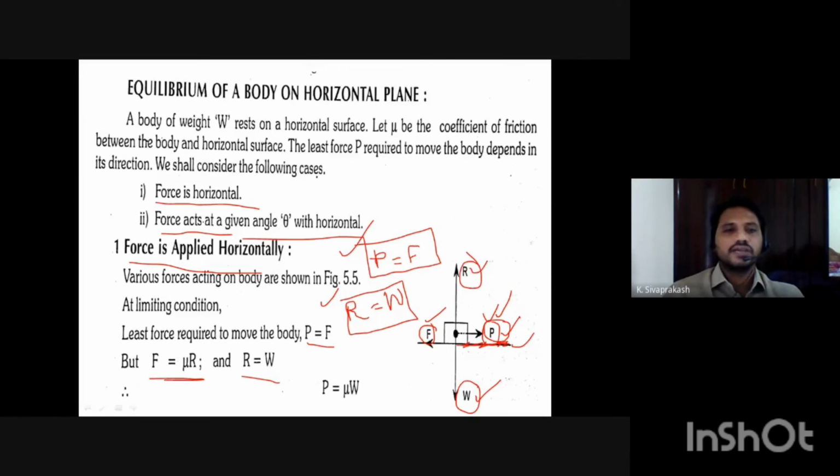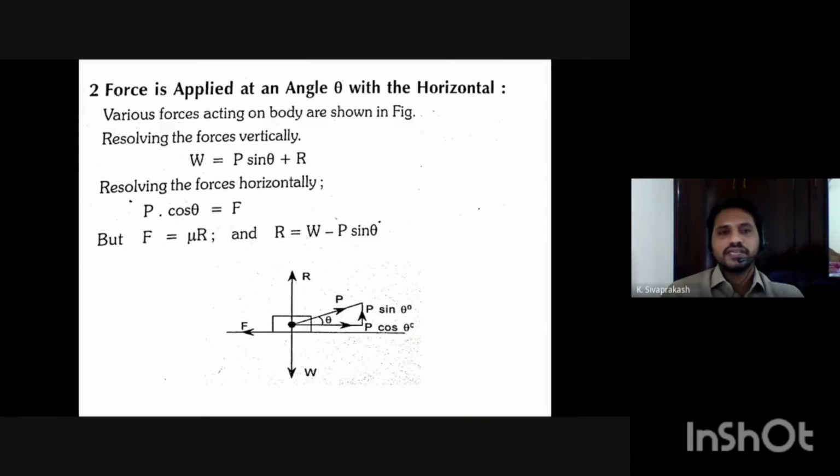Coming to the next case, the force is applied at an angle theta with the horizontal. In that case, you are applying the external force which makes angle theta along the horizontal. P is the external force, the inclined force, acting in an inclined direction and making an angle theta with the horizontal.